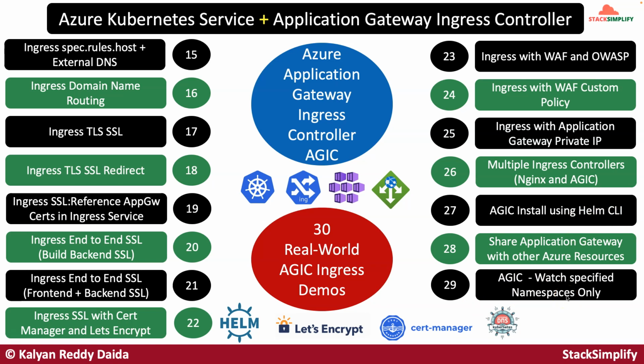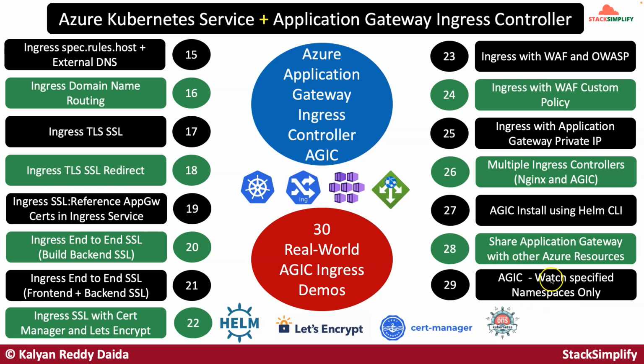For example, you have production, staging, dev, and QA namespaces in your AKS cluster, and here ingress service related changes should be populated to application gateway only for the production namespace. If that is the case, then you can provide that setting in your Helm config and then upgrade your Helm release, and accordingly it is going to monitor the changes only on the production namespace.